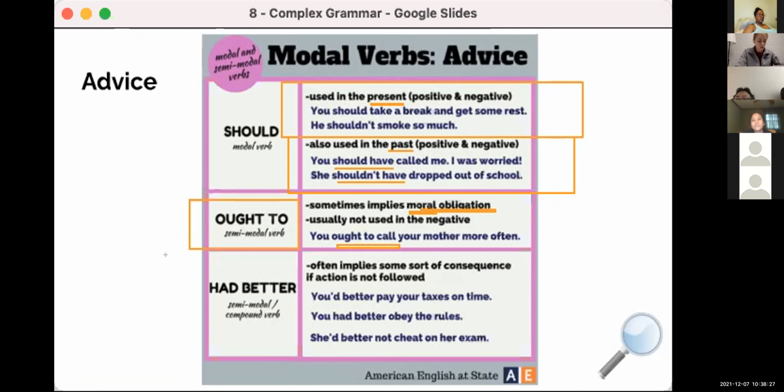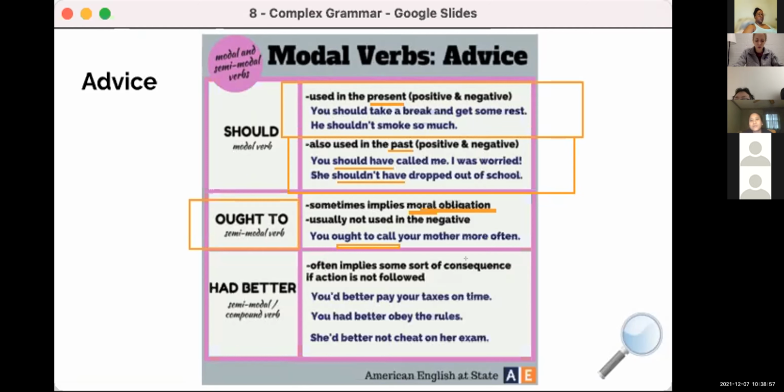We can also use had better to give advice. We'll use had better and the base form of a verb. Don't forget that verb. In this situation, had better is used in a very strong kind of way.